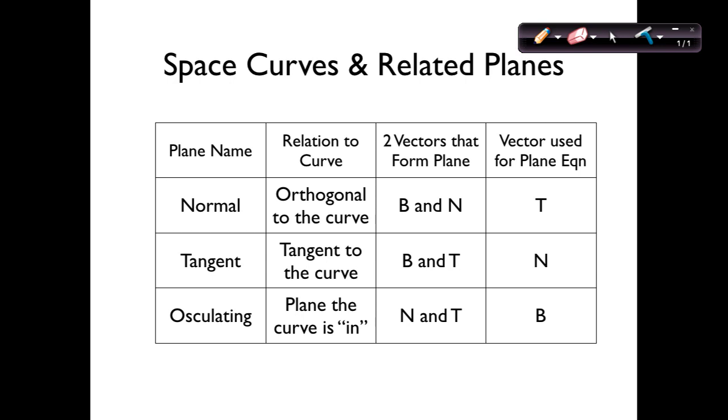If you're driving on a flat road, the B vector is either straight up or straight down. T is straight out the front of the car, N is either right out the passenger side or the driver's side, and B is either up or down, depending on which way you're turning.